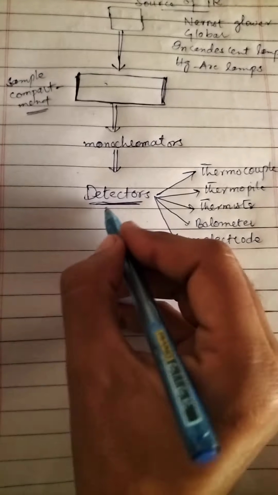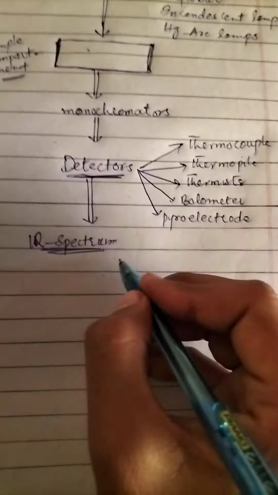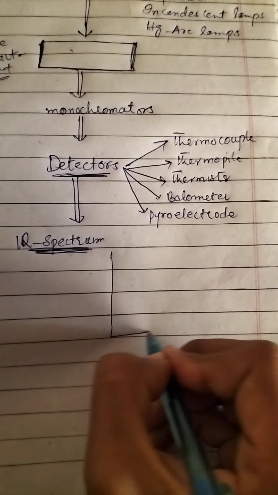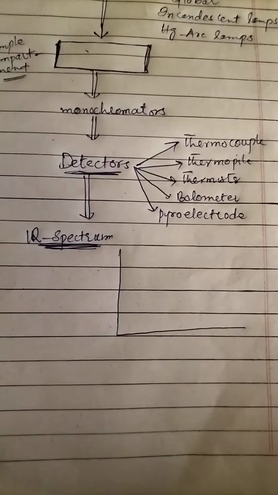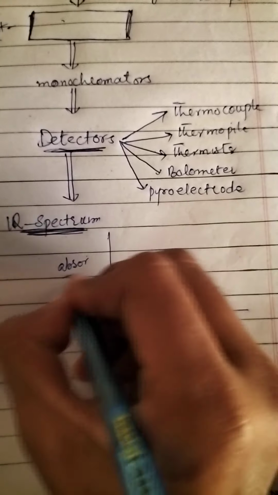After this, a spectrum is generated, which is called the IR spectrum. The IR spectrum is shown on the screen, mainly between wavelength and absorbance.